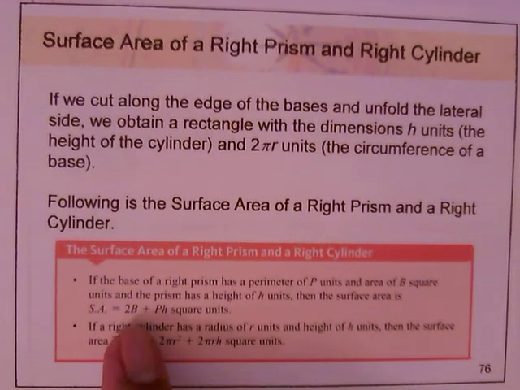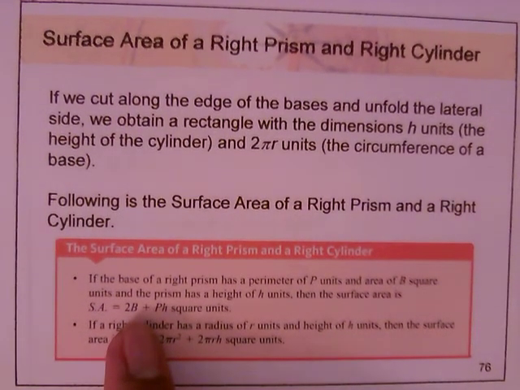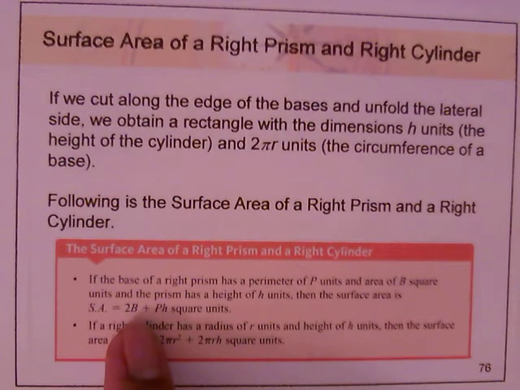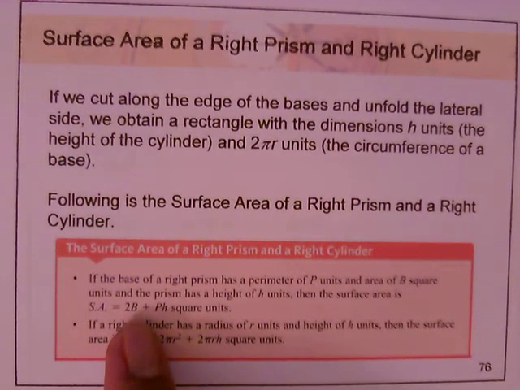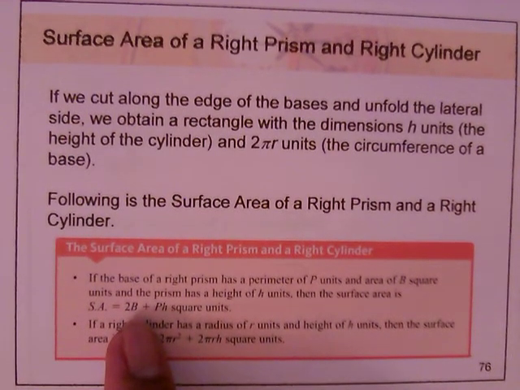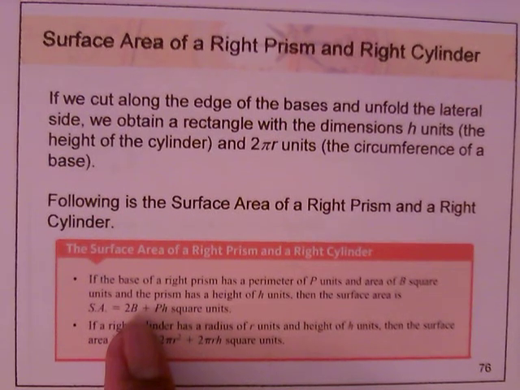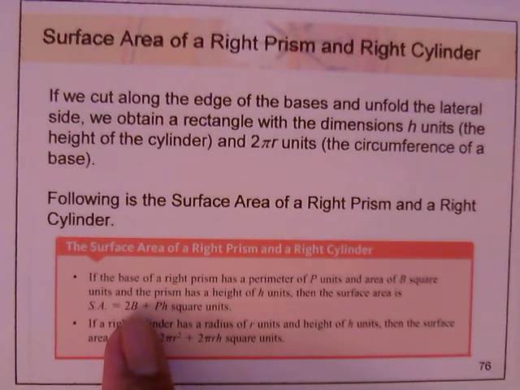Keep in mind, the base could be anything. It could be a triangle, a square, a rectangle, a pentagon, or a hexagon. Doesn't matter. You have to use the appropriate formula for the base, whatever that base is.